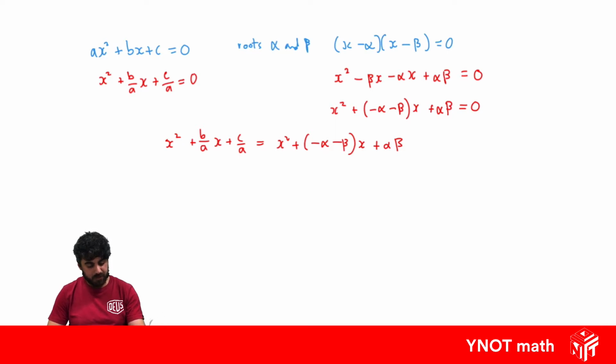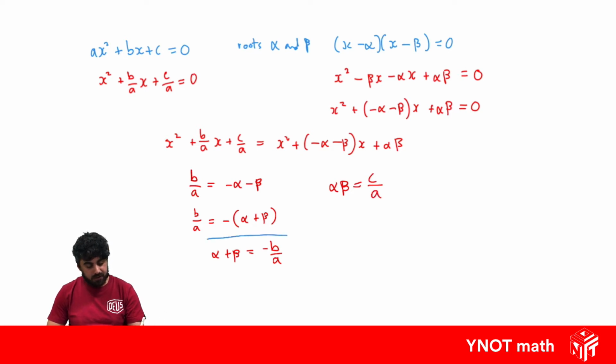And we actually get some special results. So we get b on a equals minus alpha minus beta, which we can then factorize out the negative. So we get alpha plus beta, and take it to the other side, and we get alpha plus beta equals minus b over a. And we also get alpha beta equals c over a, equating the constant terms.